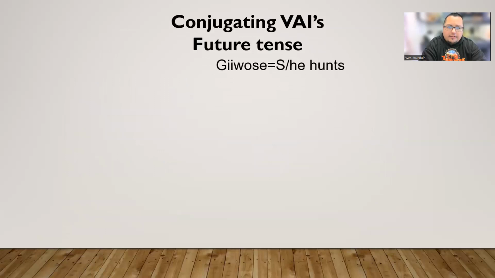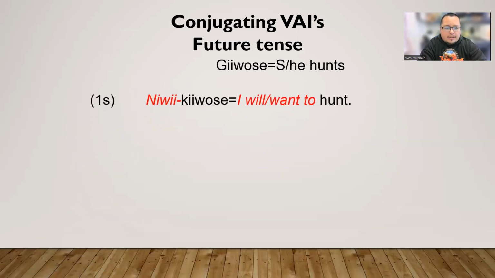Future tense, conjugating VAIs, future tense. Here's the word giwose. Giwose, she or he hunts. 1S, first person singular. Niwi kiwose. I will or want to hunt.